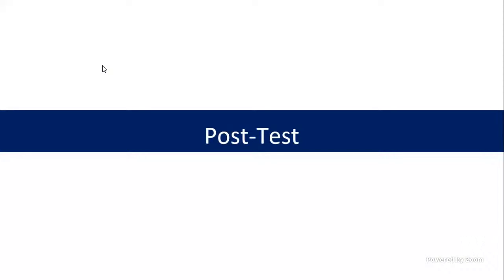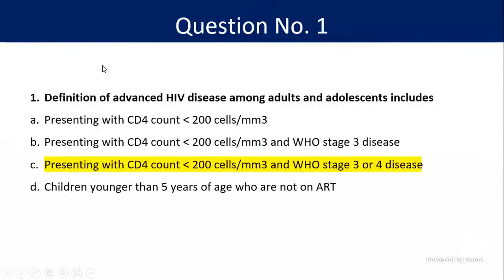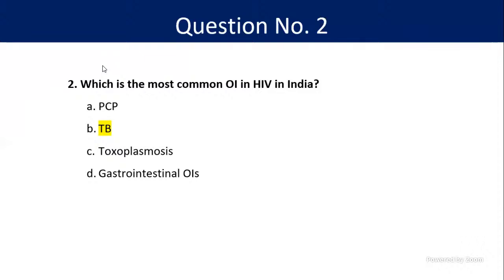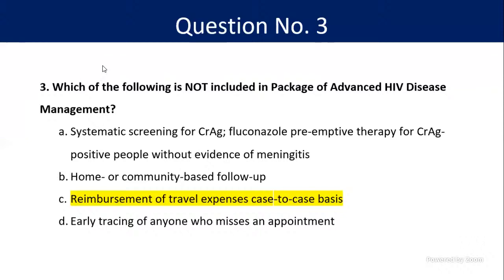The answers to the questions in the pre-post test. Definition of advanced HIV disease among adults and adolescents includes presenting with CD4 less than 200 cells and WHO stage 3 or 4 disease. Which is the most common OI in HIV in India? It is TB. Which of the following is not included in the package of advanced HIV disease management?